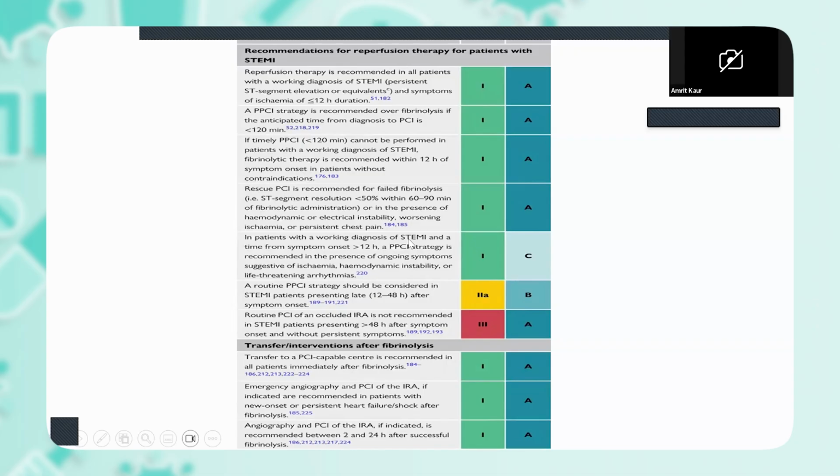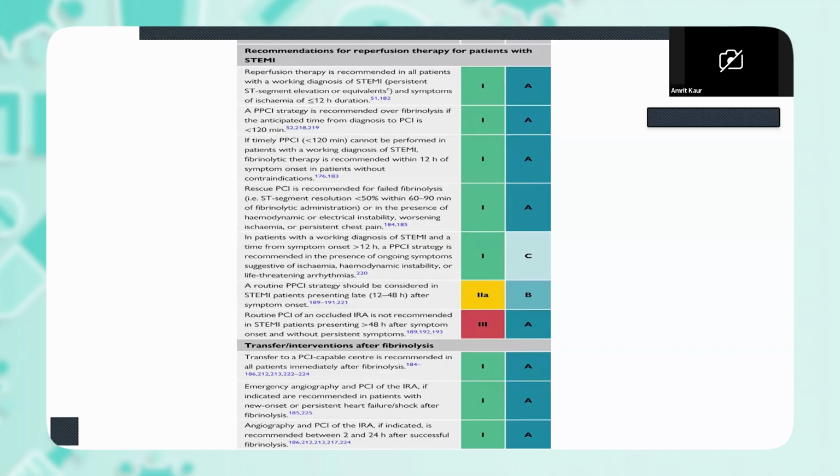Now, in patients who have a STEMI and have come to you after 12 hours, you should do a primary PCI if the symptoms are suggestive of ischemia, he has an ongoing chest pain, is hemodynamically unstable, and again has arrhythmias. What if a patient comes to you after 48 hours and is hemodynamically stable?